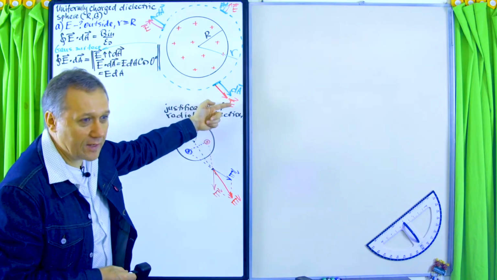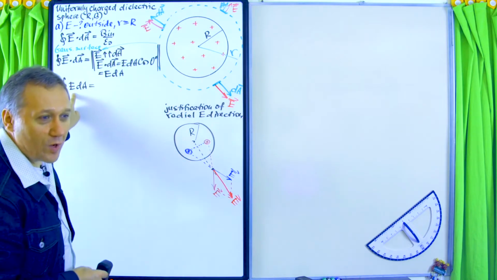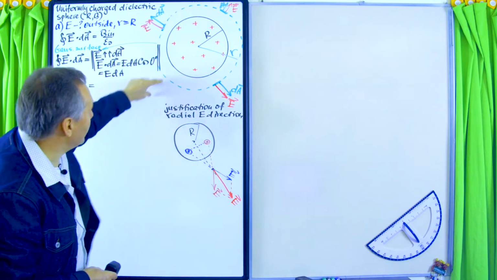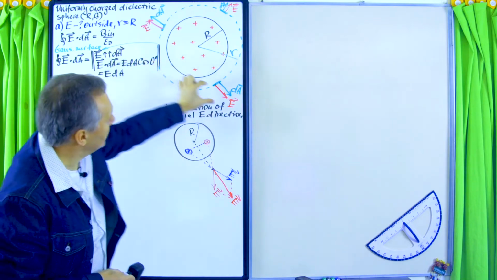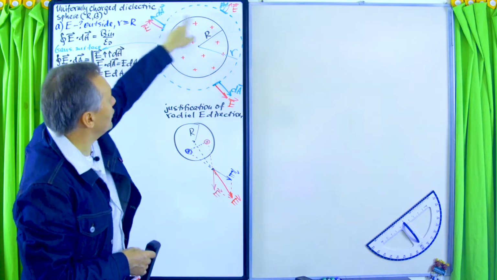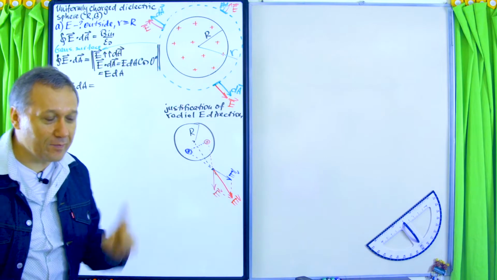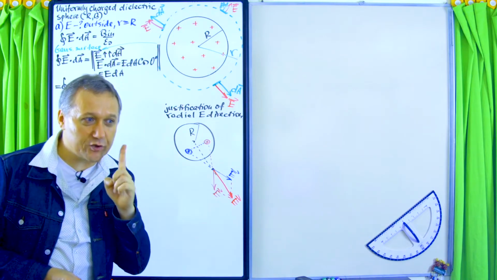The electric field direction over here is that way, over here it will be this way. But we need to know about the magnitude, and the magnitude of the electric field over here, here, or any other point, is the same. You can move yourself to this point. Again, the distribution of charge will be exactly the same, and of course the magnitude of the electric field strength will be the same.